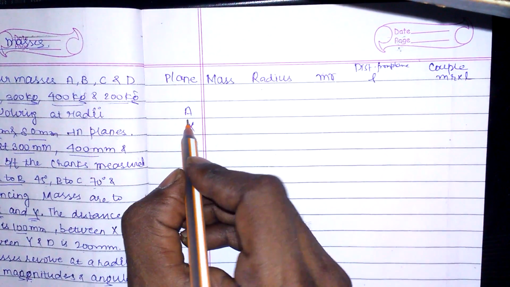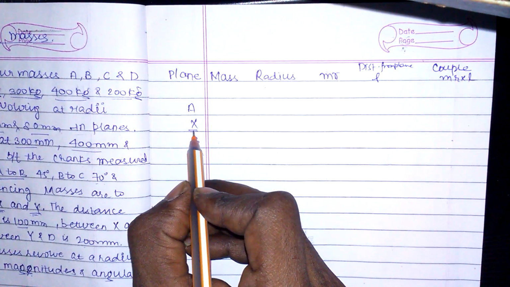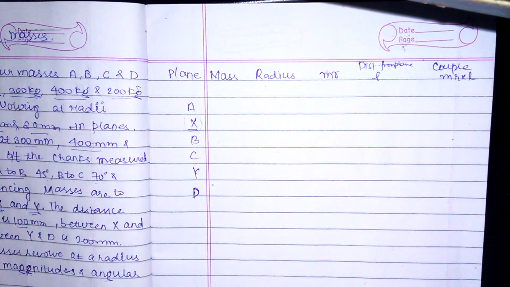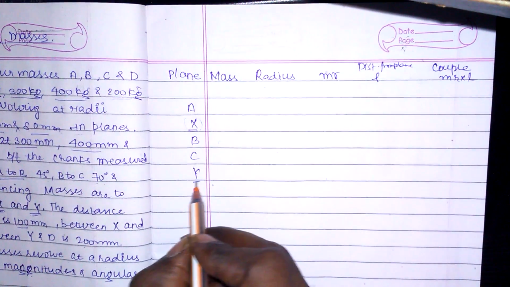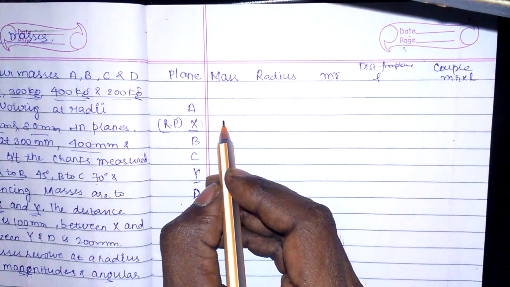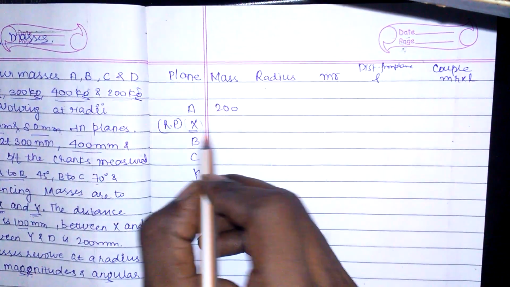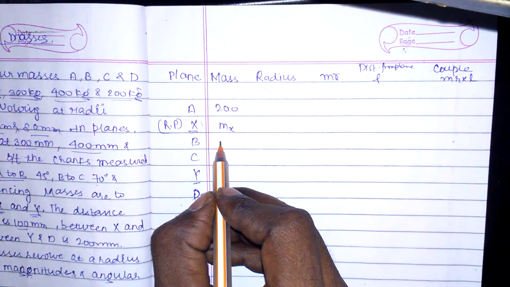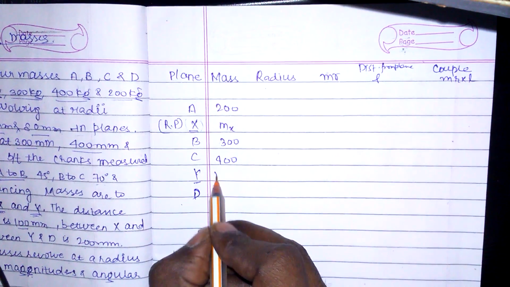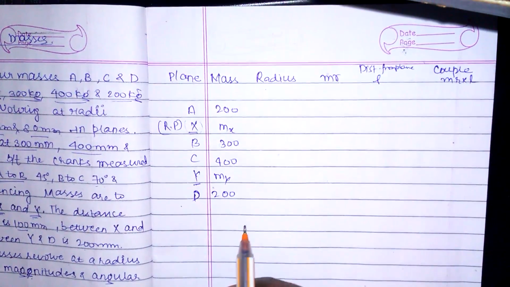Now over here we could take any one of them as reference, but we'll take X as reference because it is at the start, and if we take X as reference, then there would be only one unknown left, that would be Y. So let us take it as the reference plane. Now we have masses given: say it is 200, mx, B it is 300, 400, my, and md it would be 200.